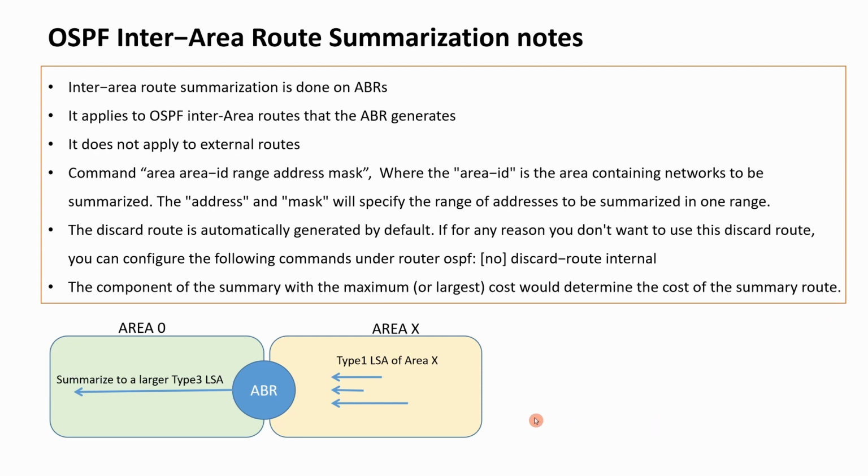What that means is, if you want to summarize area X and there are three inter-area routes in it, the first cost, let's say, is 1, the second cost is 10, and the third cost is 30. What is the summarized route cost? The new summarized route cost will be 30, the maximum one.